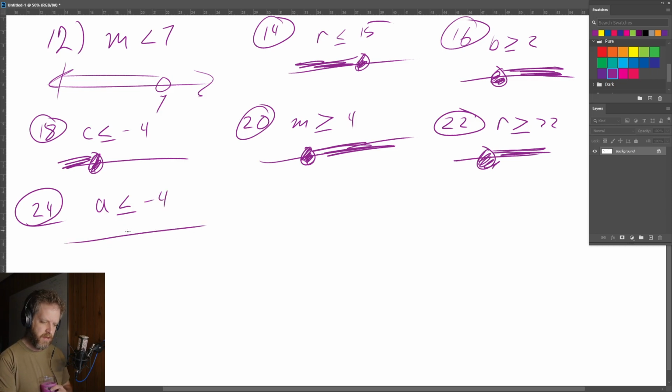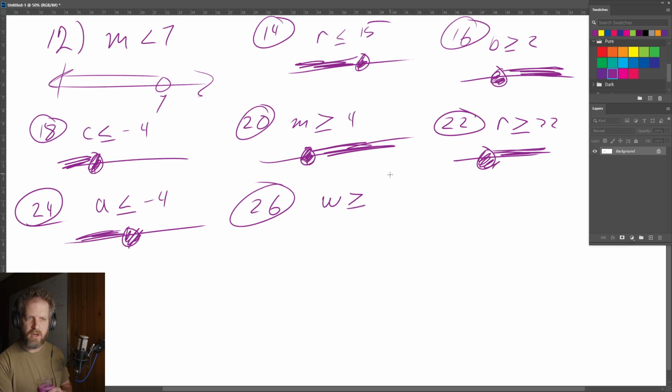And it would have been a filled in circle shaded to the left. 26 would have been w is greater than or equal to... let's see, hold on. No, -5, just -5, right? Would have been a filled in circle shaded to the right.